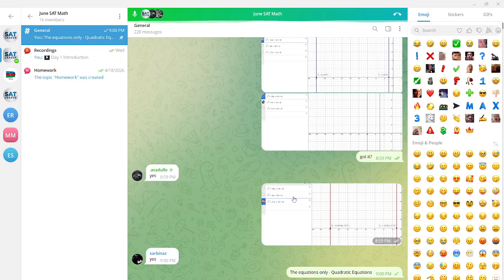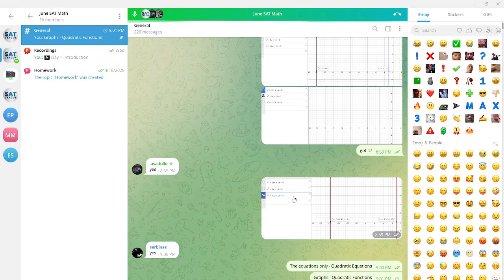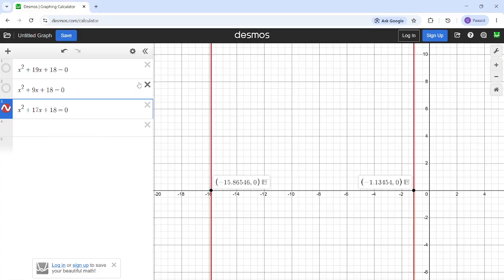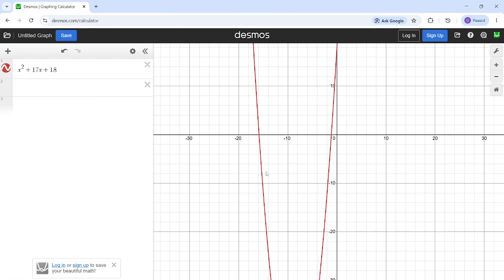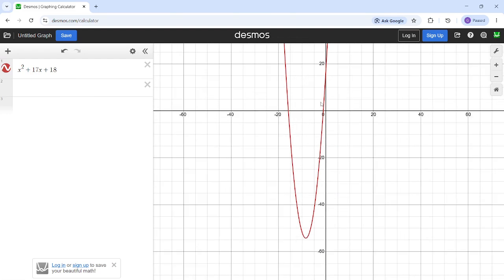And the graphs are going to be learned in the topic quadratic functions, their graphs, how they work. Because if you try out a function, an equation, it will show you this parabola.